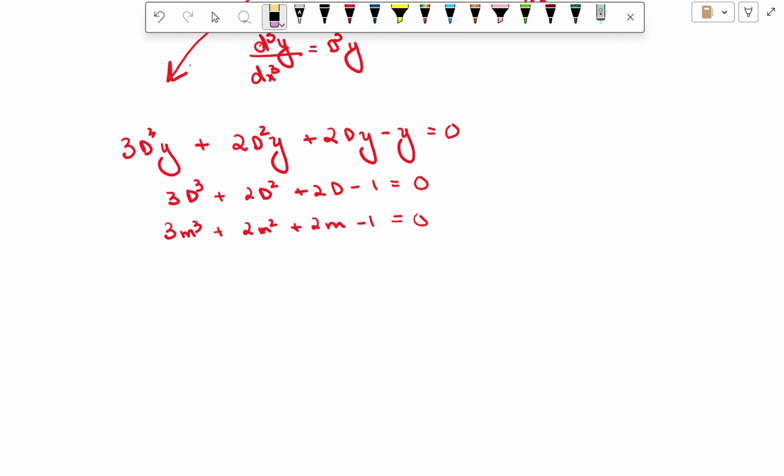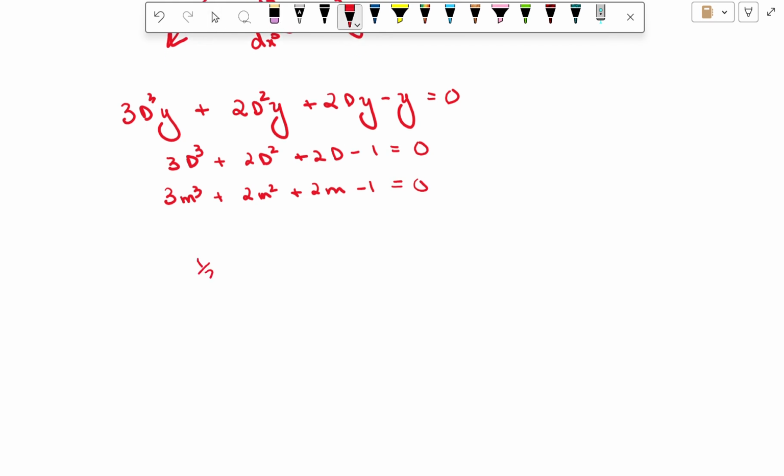So we need to try half, minus half, 1 by 3, negative 1 by 3. If I try putting m equal to 1 by 2, I would get 3 by 8 plus 2 by 4 plus 1 minus 1, and this is not going to give 0.